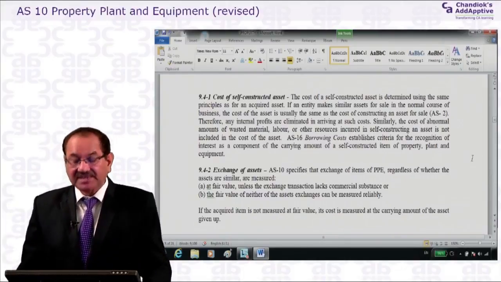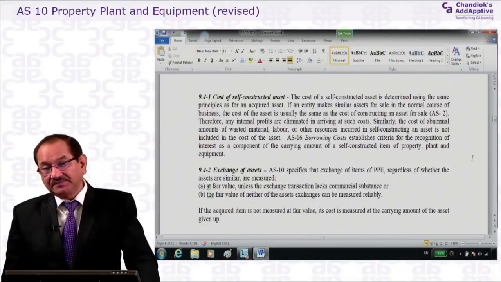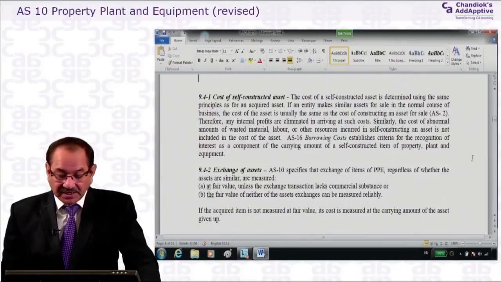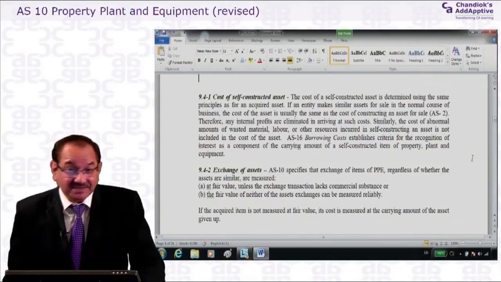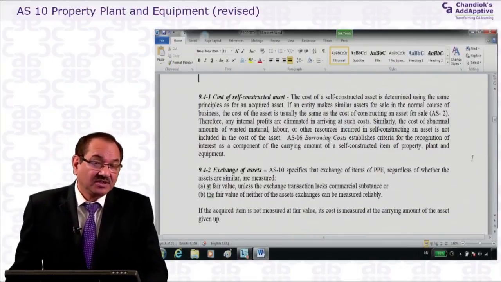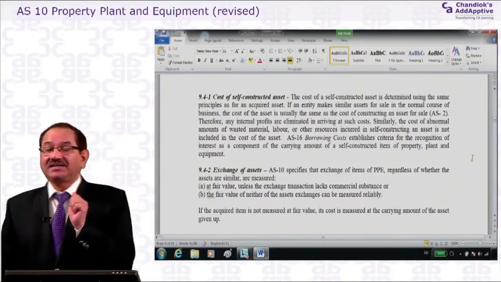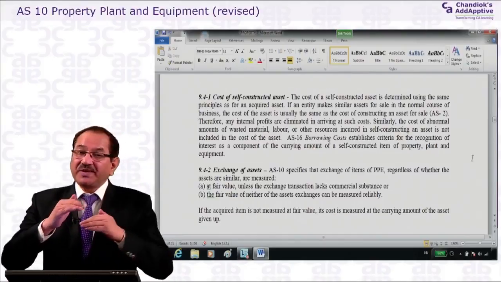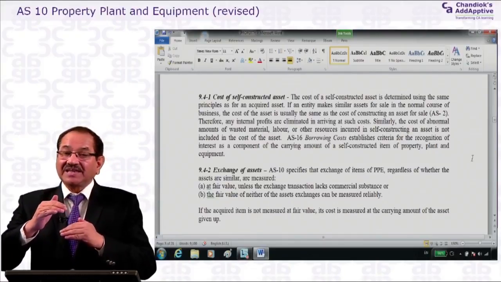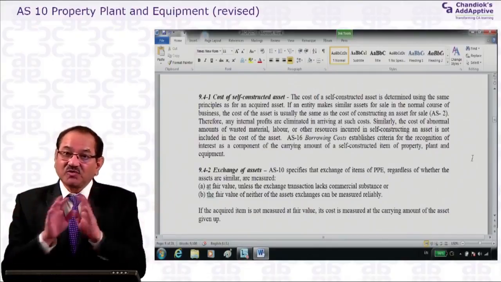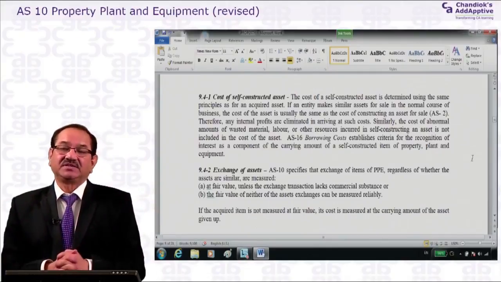AS 10 specifies that exchange of items of PPE, meaning property, plant and equipment, is treated the same regardless of whether the assets are similar or not. If you recall, in the earlier standard, there were principles based on whether the assets were similar or dissimilar. Here there is no question of similar and dissimilar.